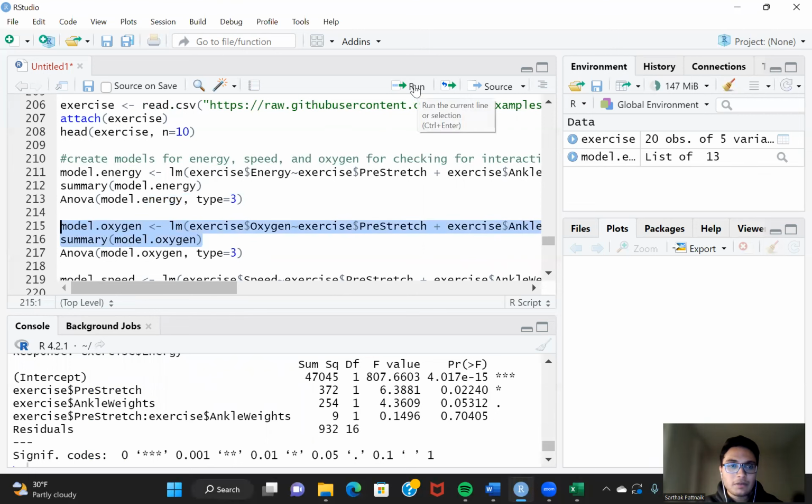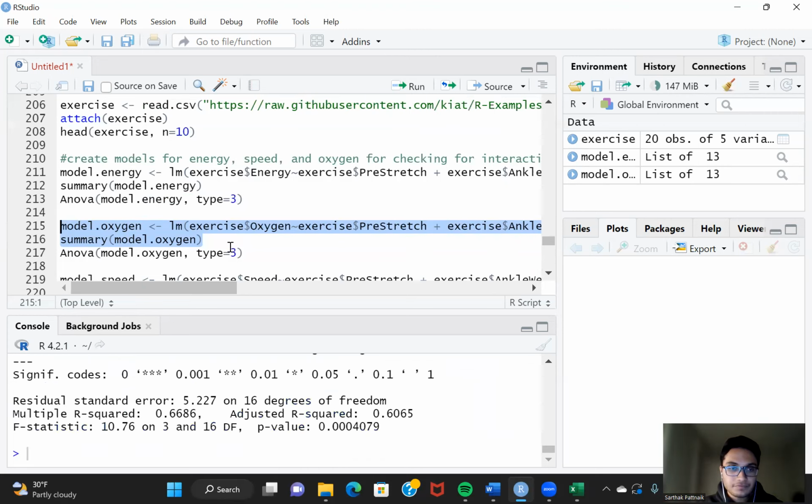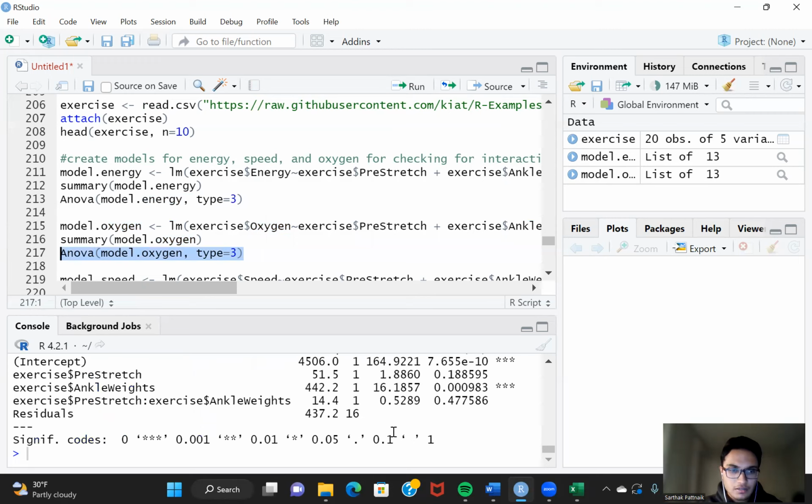Same for the next one, but this time we are considering oxygen as our parameter. Let us go ahead and use ANOVA. Again, you can see not so significant.